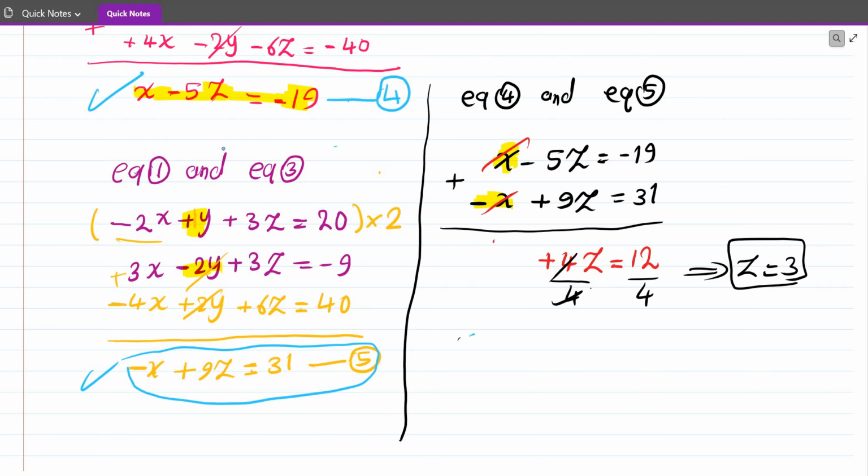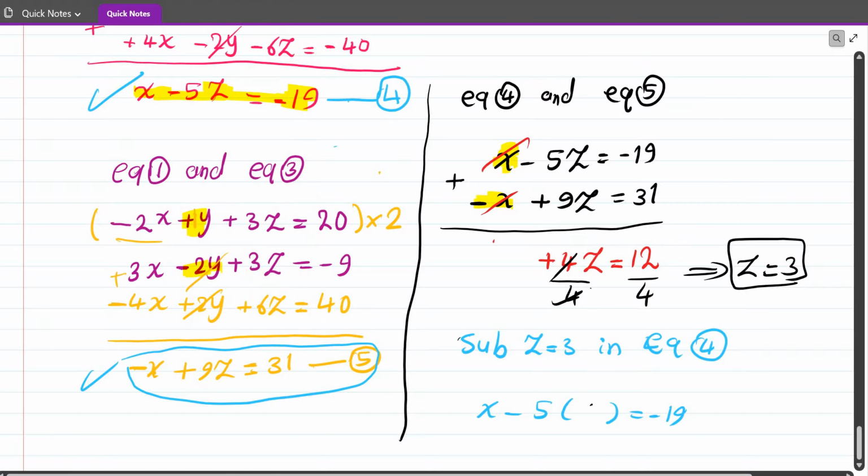So we can substitute the value of z, which is z equals 3, in whichever equation you want to pick, you are free. For example, in equation 4, I have x minus 5z equals negative 19.